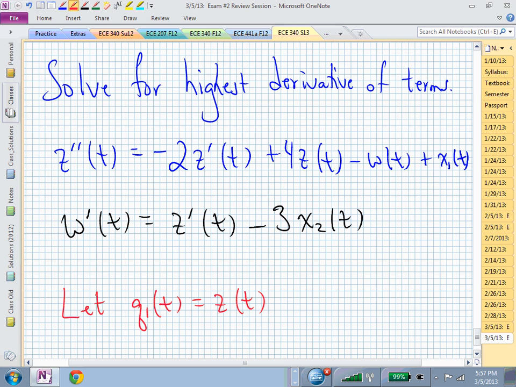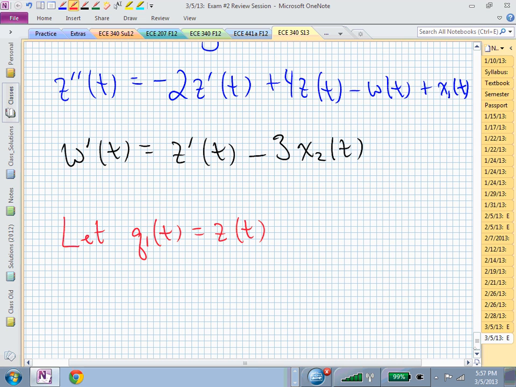Meaning, if I differentiate q1 prime, I get a z prime. I haven't gone far enough, have I? Because I need a z double prime. Which means that let q sub 2 be z prime.